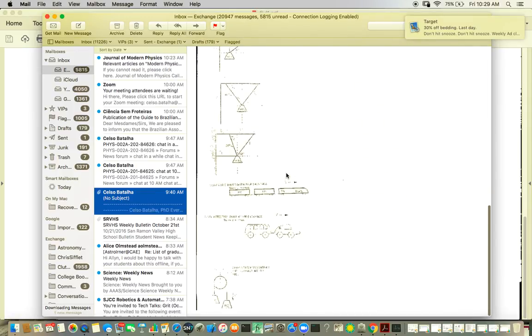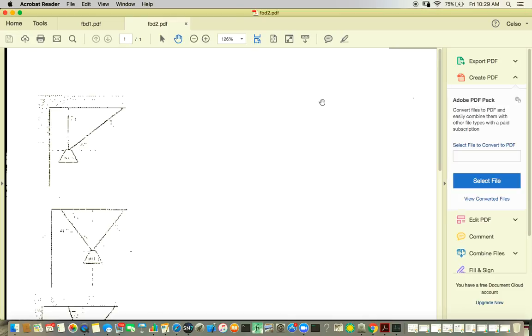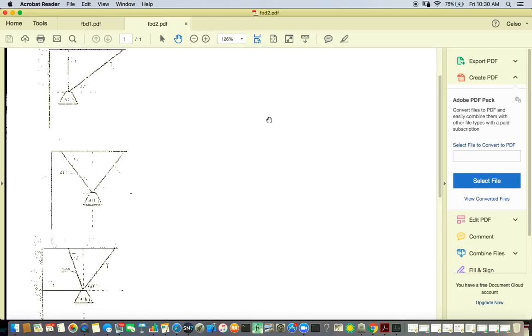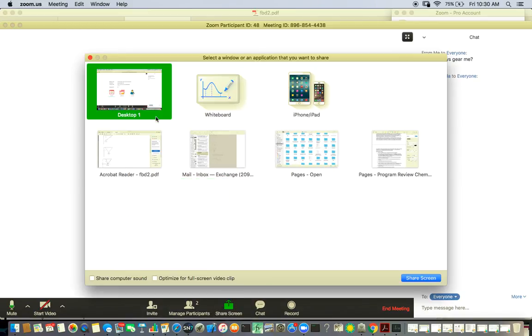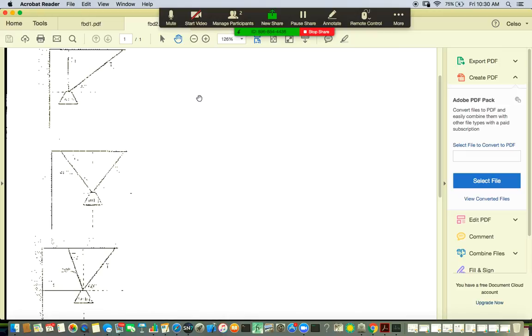Where's the other page? Oh, there you go. And that's it. Go back to here. Share screen. There. Okay.